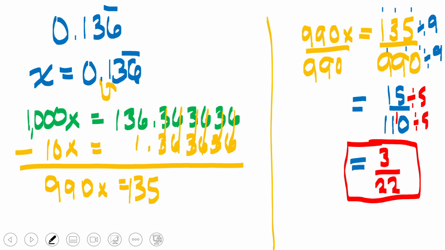Look over this process, practice it in your assignment, see what you can do with what you are given. Remember that you're going through the process of setting a variable equal to your repeating decimal and deciding what do I need to multiply both sides by to create my fraction and get rid of that repeat after the decimal.